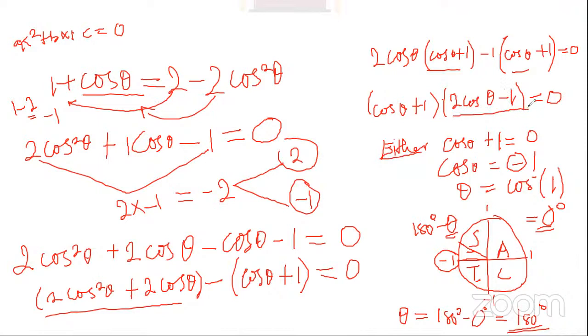Then we take also the other side, 2 cos theta minus 1 is equal to 0. What would be our next step? Take one to the other side and divide by 2, okay?